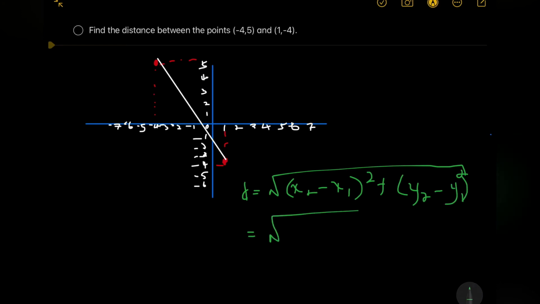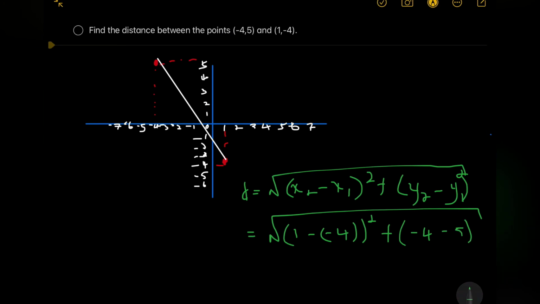In this example, our x2 would be 1 minus our x1, which would be negative 4. All of this is squared plus our y2. y2 in this example would be negative 4 and y1 would be 5. So minus 5. And that's also squared.